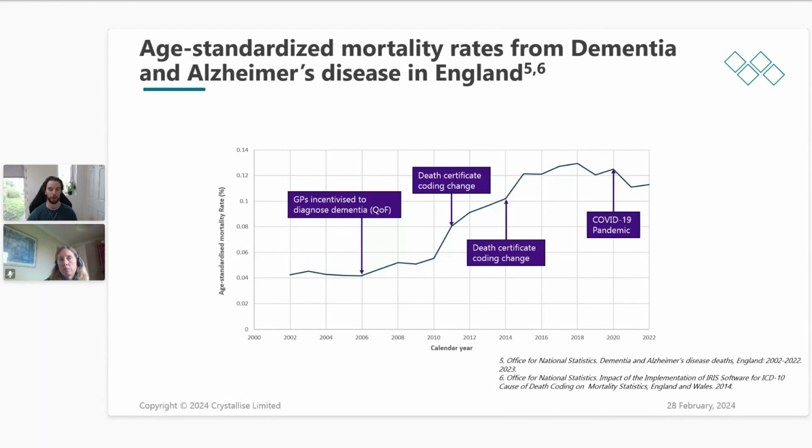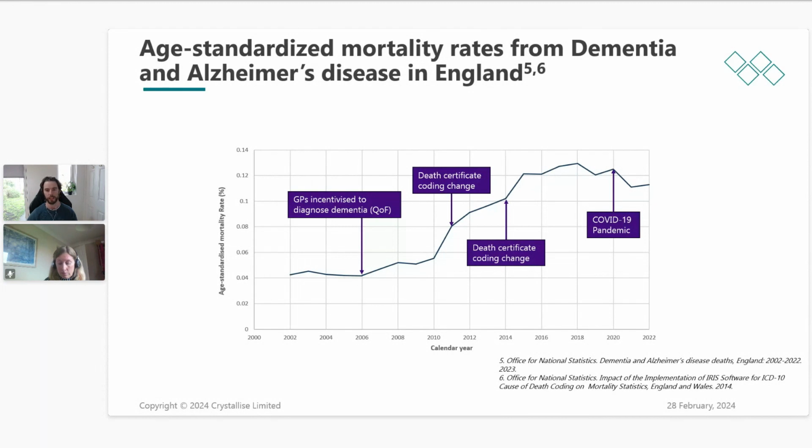And then around 2010 or so, there was a change in coding practices, and the combination of this and the incentivization of GPs to both report and diagnose dementia and also put dementia on people's death certificates, resulted in quite a significant uptick from 2010 right up to present day.